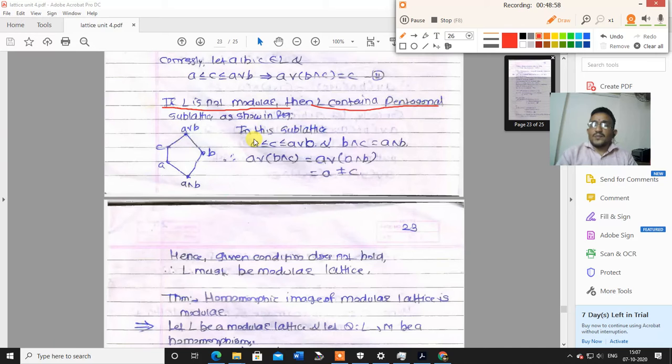We saw that, we said that if L is a modular lattice, we proved that it cannot contain a pentagonal lattice.